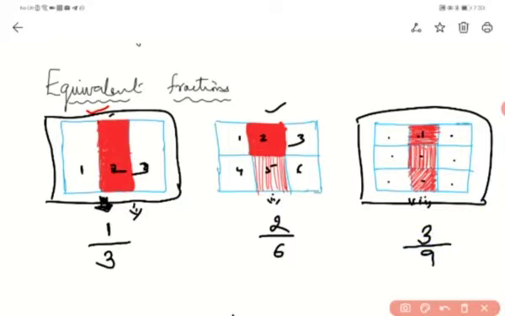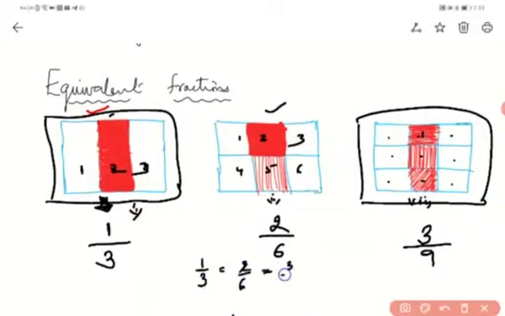Okay. So now tell me, can I write this 2 by 6 as, 2 ones are 2, 2 threes are 6, so I can write this as 1 by 3, isn't it? It is the same as this 1 by 3, and even this 3 by 9 will be equal to 1 by 3, isn't it? So what does this mean? If you cancel this, you will get again 1 by 3.